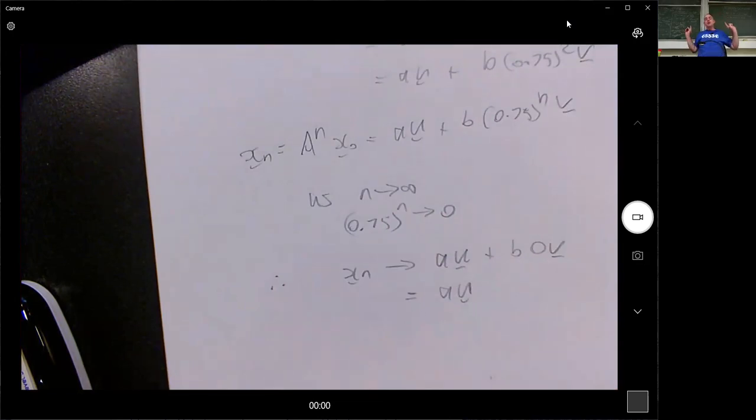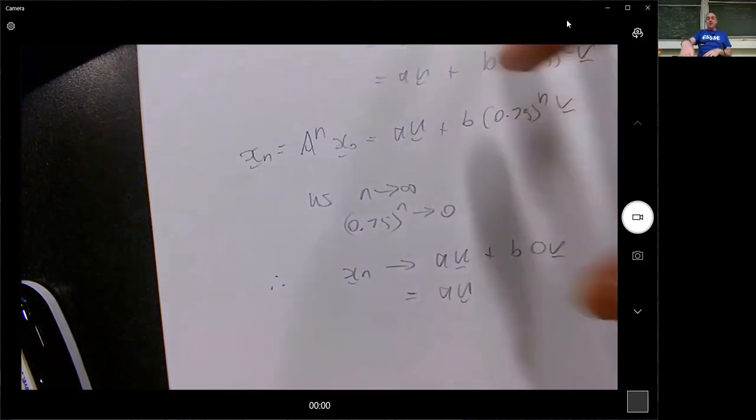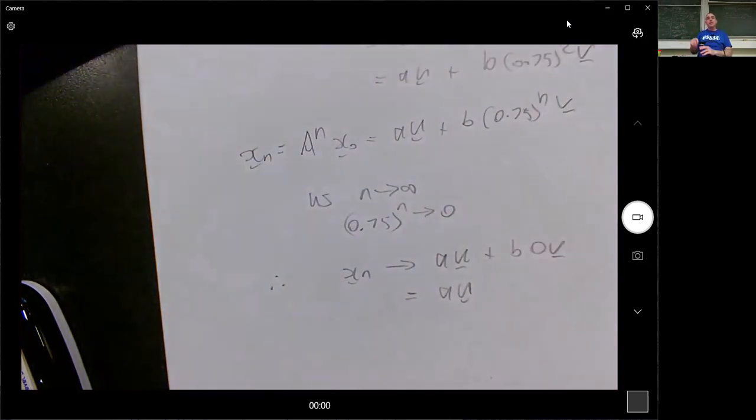Cool. So that's great. Lovely. So if you had x naught and you could figure out what multiple of the vector u it was, then you would know what xn is going towards. But there's one more piece of information which is even cooler.